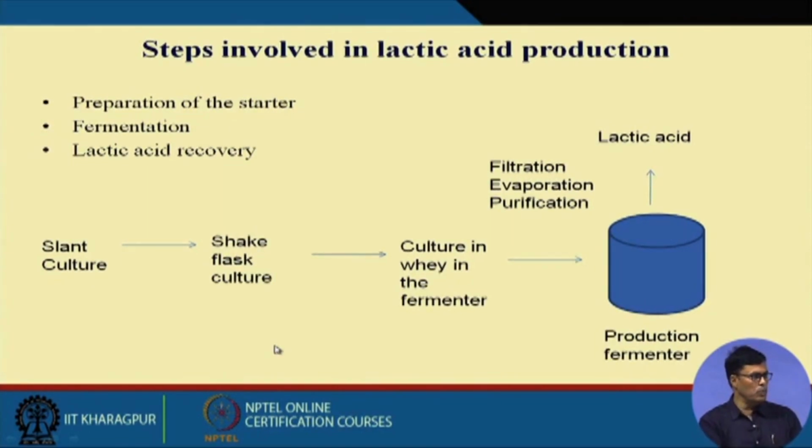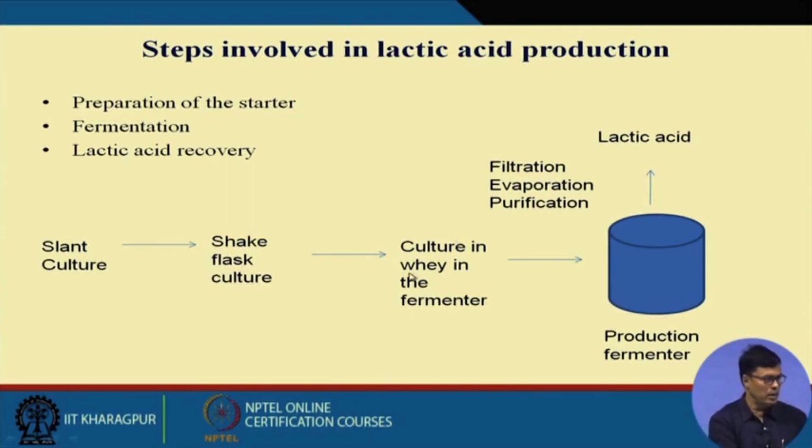Now let me show you the steps involved in lactic acid production. We prepare the culture in a slant, which is solid agar medium, then from the slant we inoculate liquid media in shake flasks.